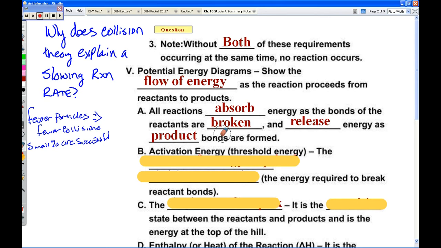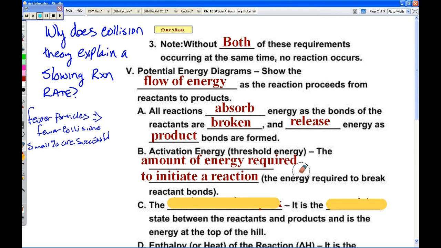Now, in order for this to happen, to get our bonds to break, we have to get this activation energy, or this threshold energy. And that is the amount of energy required to initiate a reaction. In the handshake model, this is making sure that your handshake is strong and firm. You have a firm, high-energy handshake.